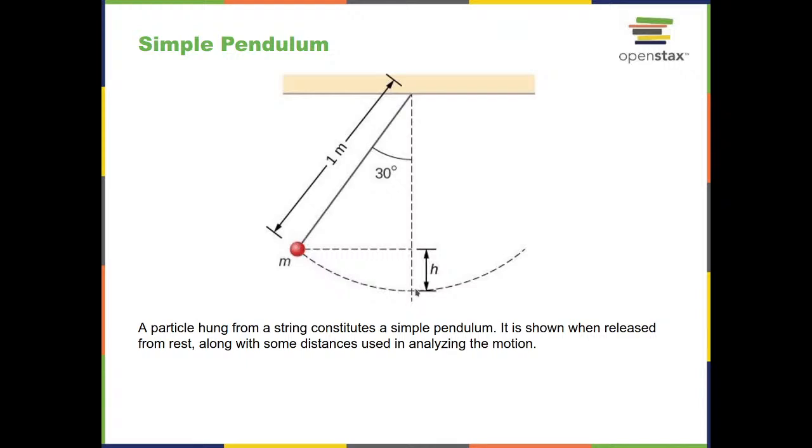At the lowest point it will have the lowest amount of potential energy and the highest amount of kinetic energy, and then it will go back up on the other side, with a larger amount of potential energy again and a decrease in its kinetic energy.